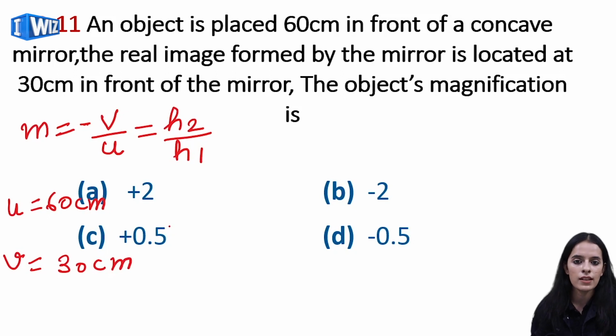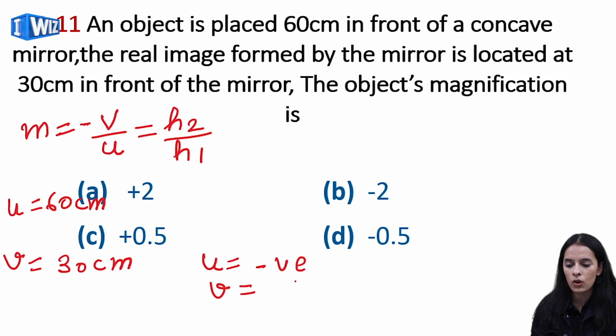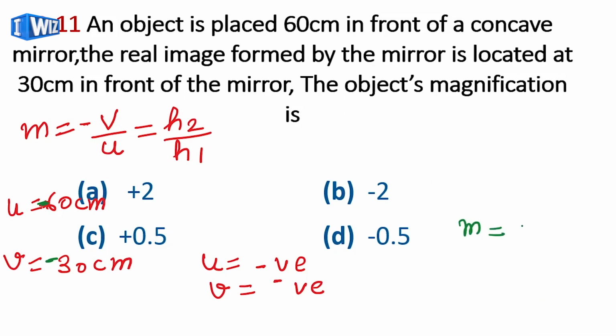You have to take care of the sign conventions also, as we are talking about a concave mirror. The object is real and a real image is formed. So in case of a real image, object and image distance are always negative because both are placed in front of the mirror. So u is negative, object distance is negative, and image distance is also negative. Just put it in the magnification formula. What is the formula? Minus v by u, the ratio of image distance to object distance.